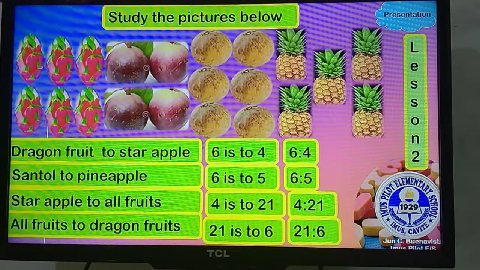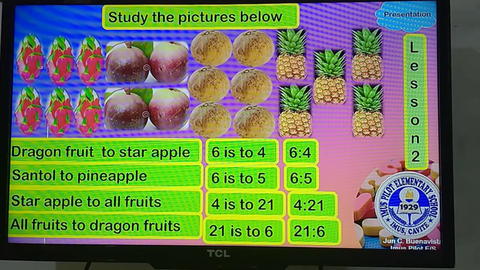Okay, class, you are going to take note of this one. In showing a ratio for a given set of objects, you always change it to the lowest term if possible. So, parang fraction siya na lagi po natin gawing lowest term.